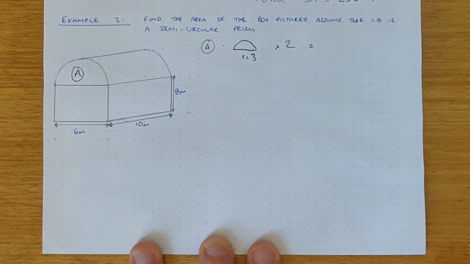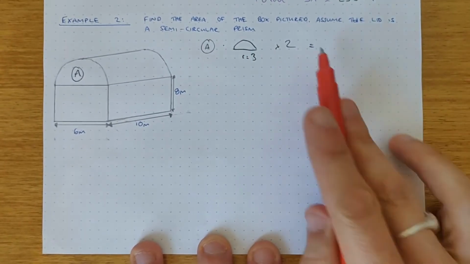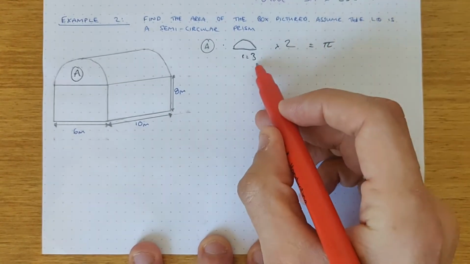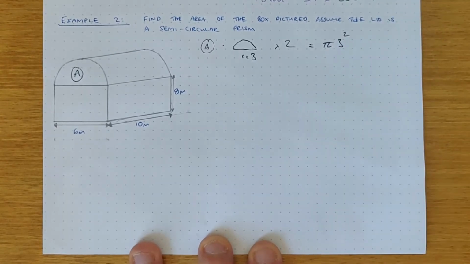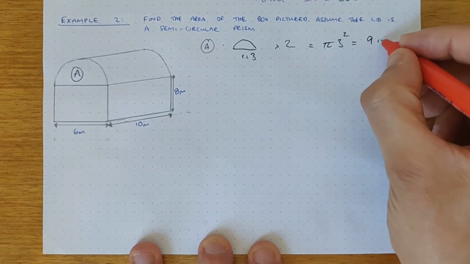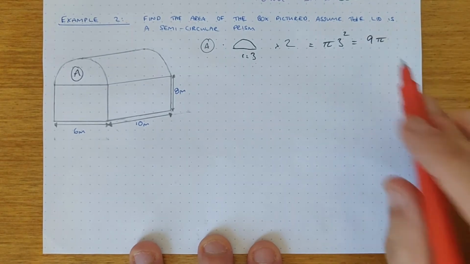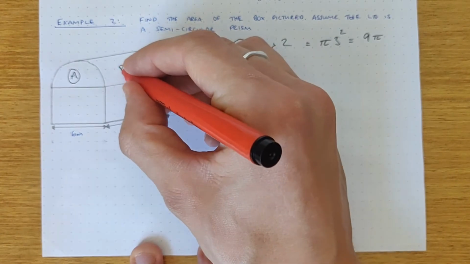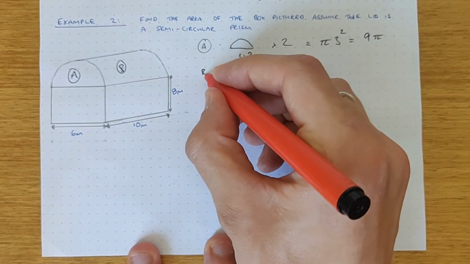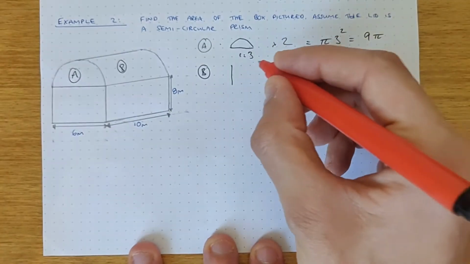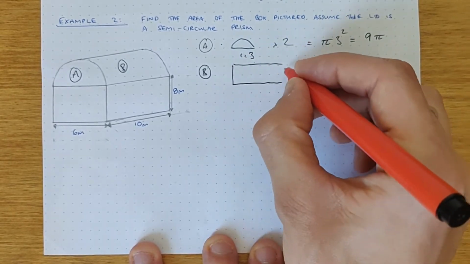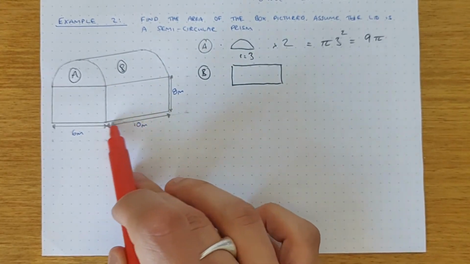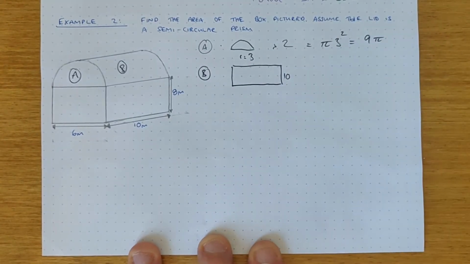That means that the area of A, and again I've got 2 of them so I can treat this as a full circle, will be pi times the radius, which is 3 squared, which gives me 9 pi. That's 3 squared is 9 multiplied by pi. I'm then again going to look at my curved surface, and again this should be nice and simple for us because I know it will be a rectangle. I know that my height here is the same as this length, and so it will be 10.